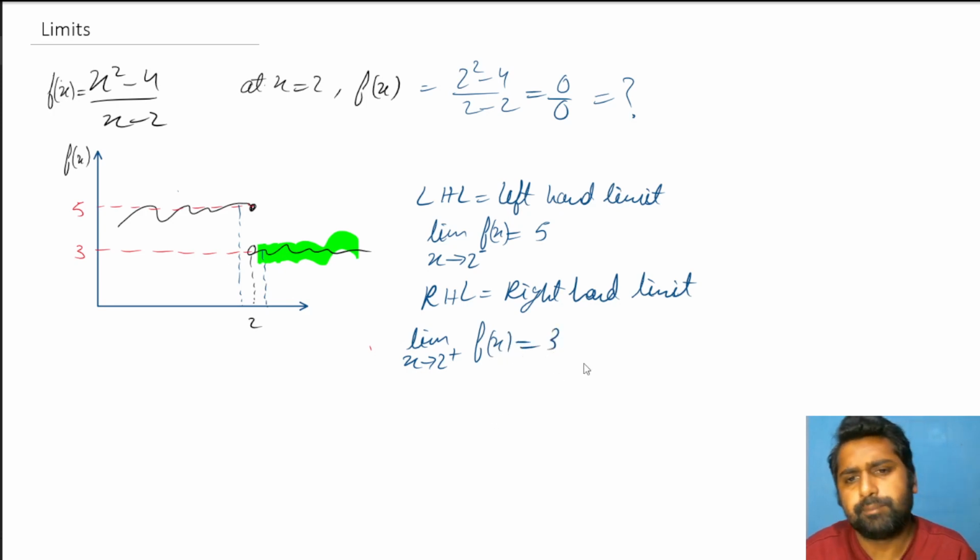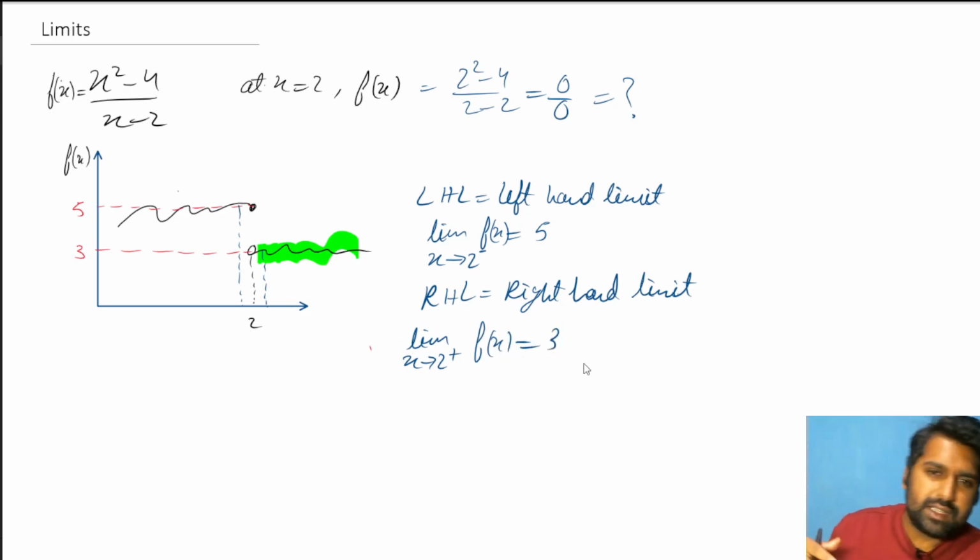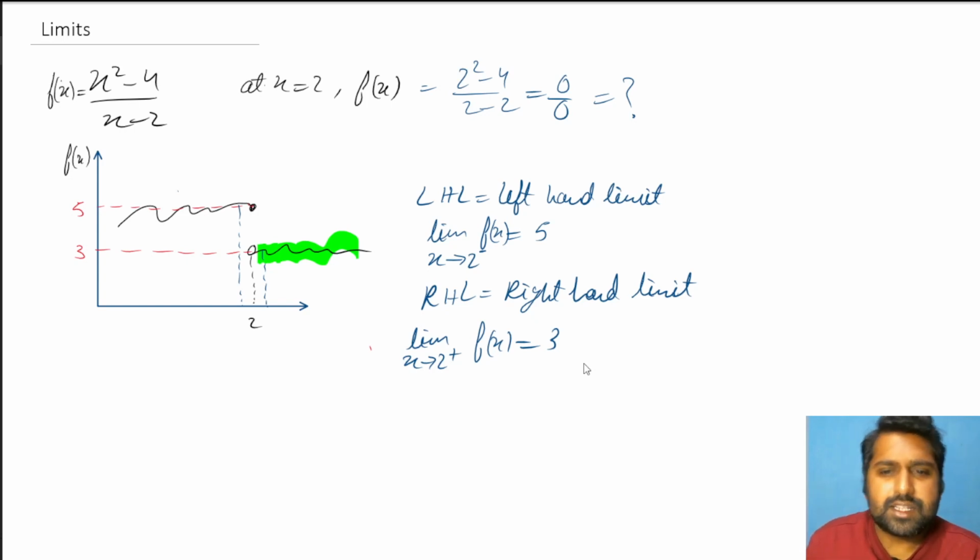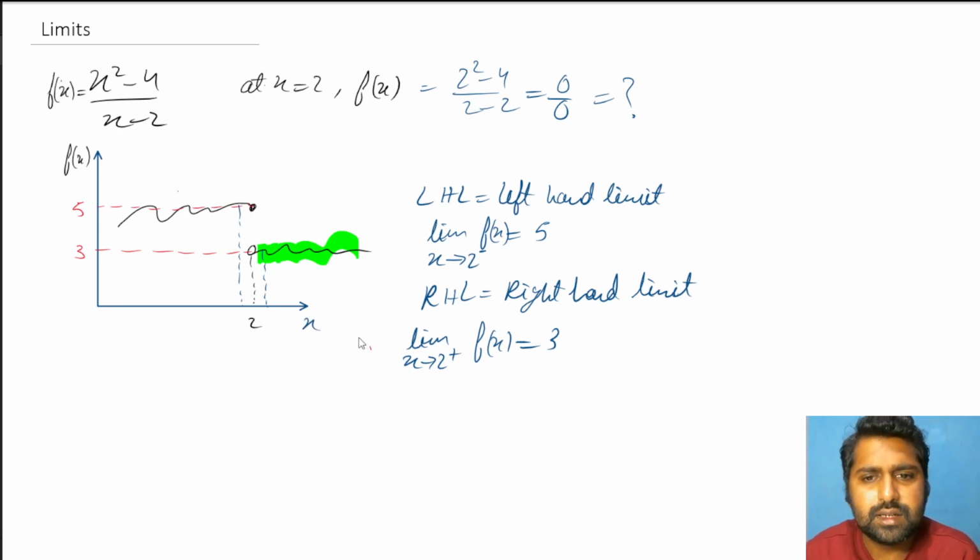Okay, now you'll say that I have drawn the graph like this, that's why it is coming as 2 different values. Yes, of course, in order to understand what the left hand and right hand limit of the same function f(x) are, I've drawn it like this. Sometimes they may be equal, sometimes they may not be equal.